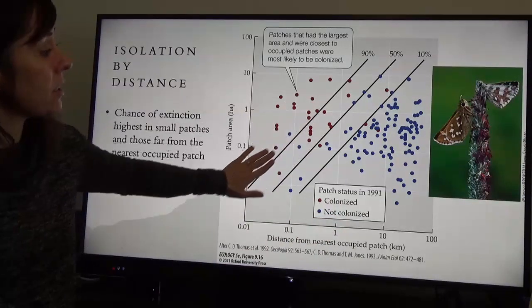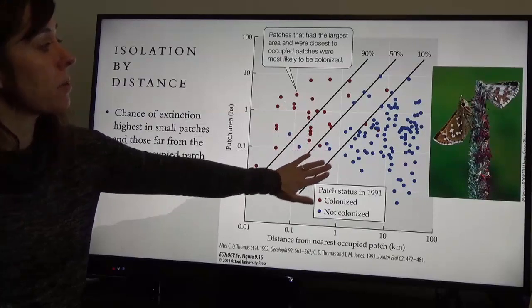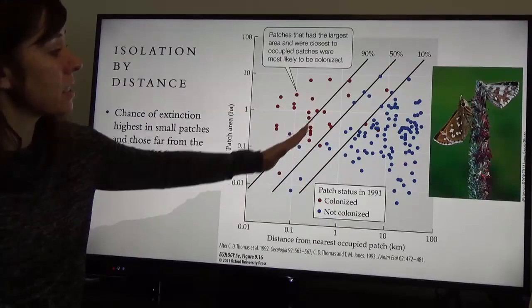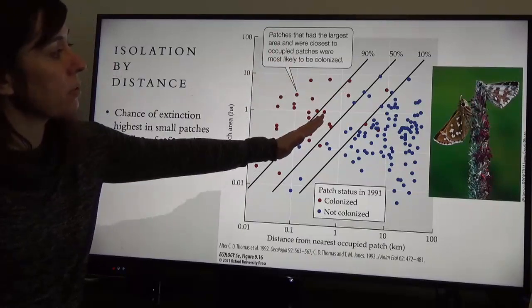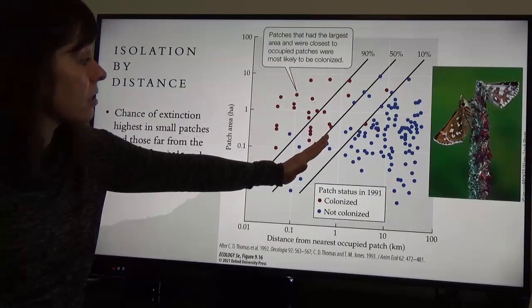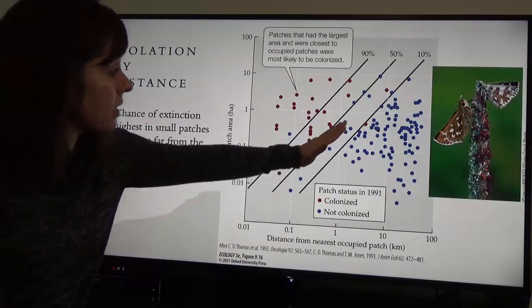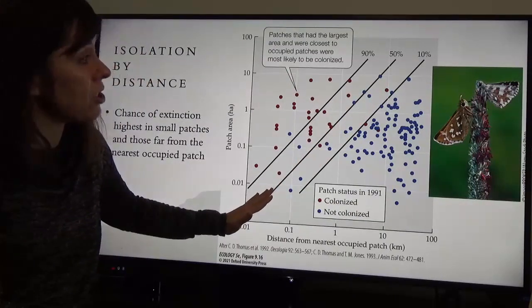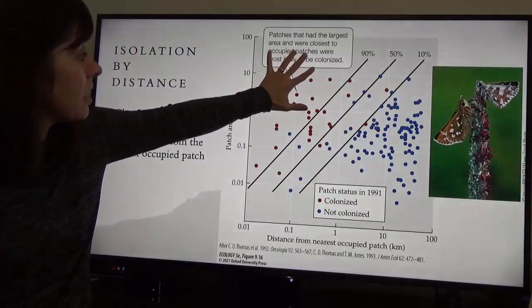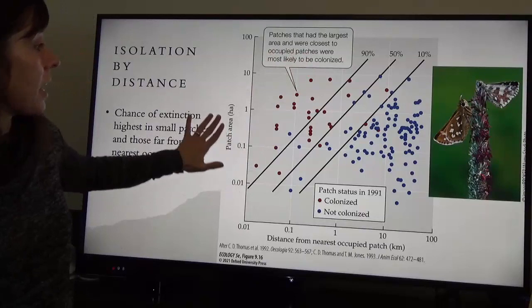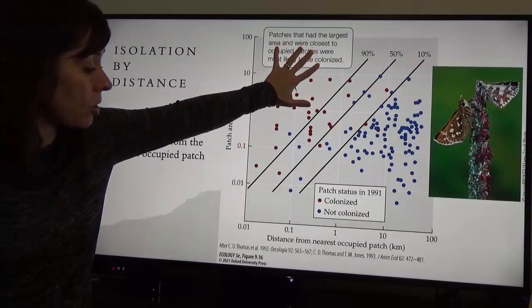And what we see here, these lines represent different probabilities of colonization. So anything that's here or beyond has a 90% or greater chance of being colonized. From here, in this area, we've got about a 50% chance of being colonized, and here only a 10% chance of being colonized.